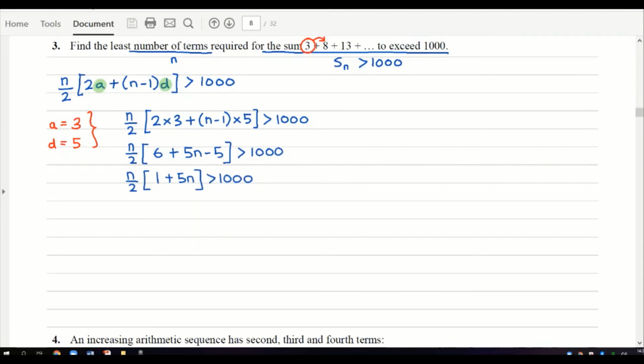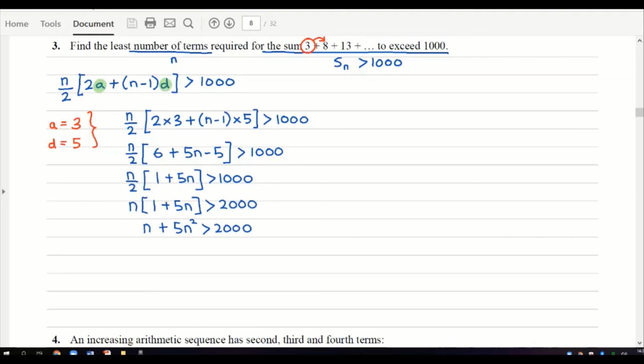Is greater than 1,000. Let's multiply across by 2. So we have n, and then 1 plus 5n, close your square bracket, is greater than 2,000 because we're doubling everything. And let's multiply out the bracket now. So we have n added to 5n squared is greater than 2,000.